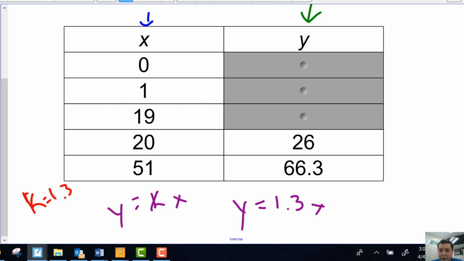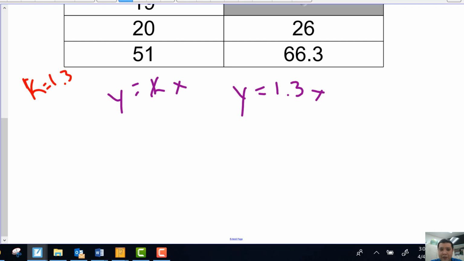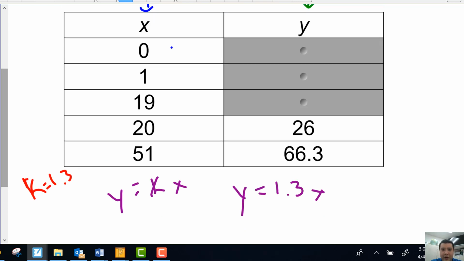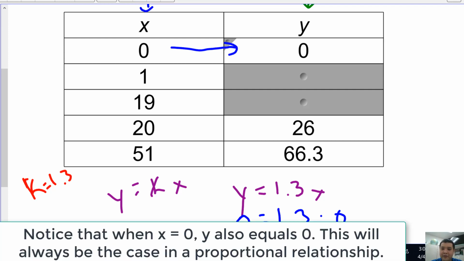So we're going to replace the x with 0 in order to do this top row right here. So it's going to be 1.3 times 0 that will get us our y value. If we do 1.3 times 0, it equals 0.